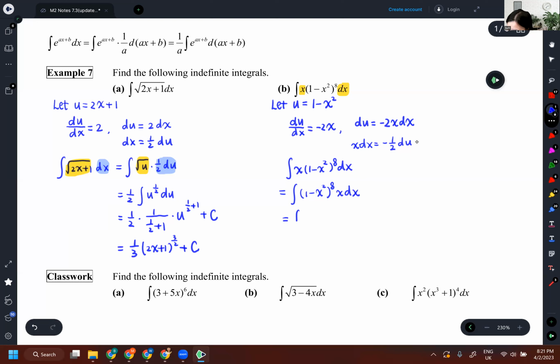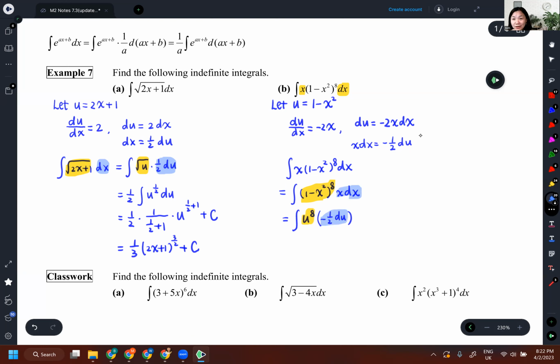And then I will change this to u to the power 8, and this part will be negative 1 over 2 du. It has to work out perfectly.